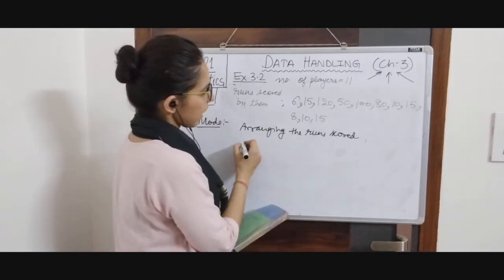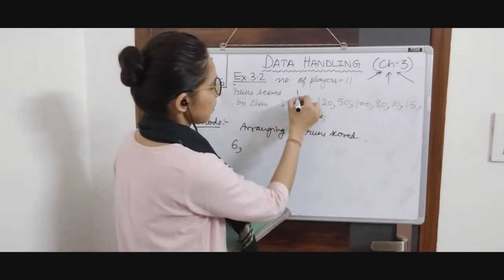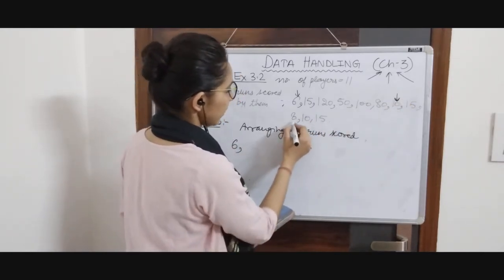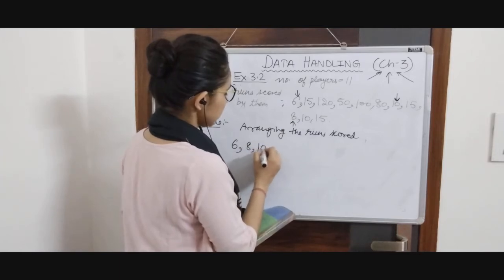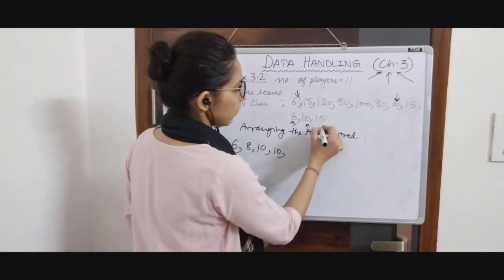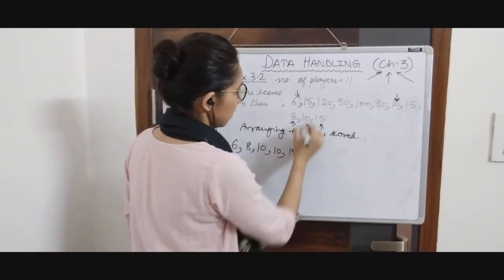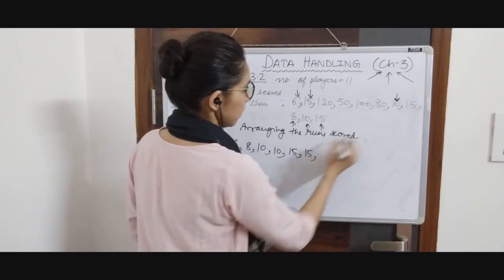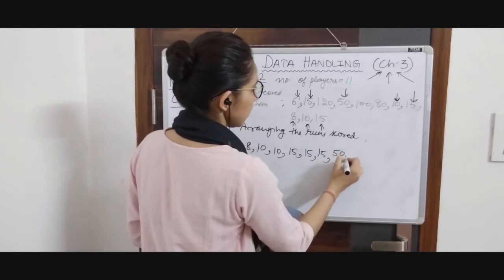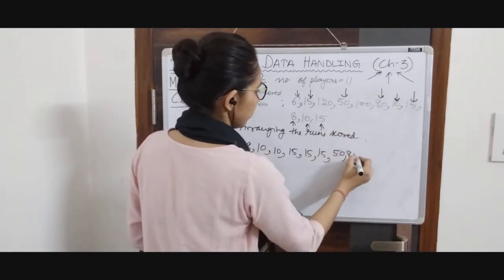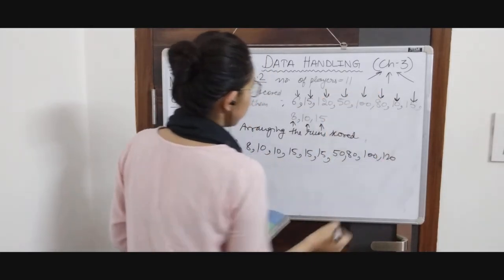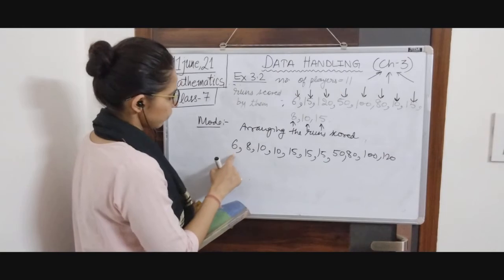We will start with 6, then next is 8, then 10, again 10, then we have 15, again 15, again 15, then 50, 80, 100 and 120.